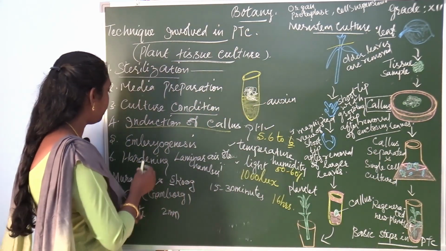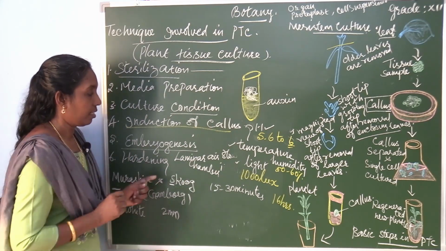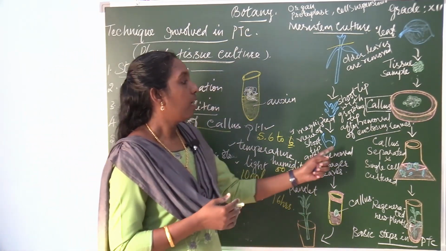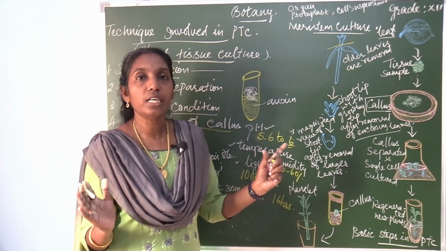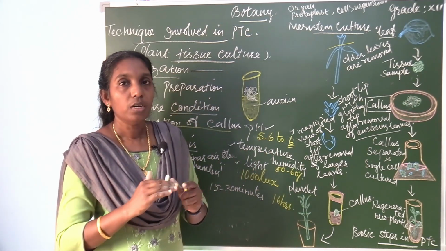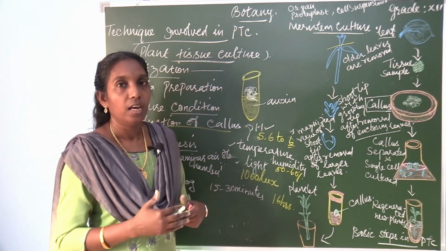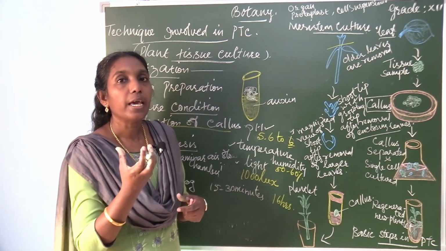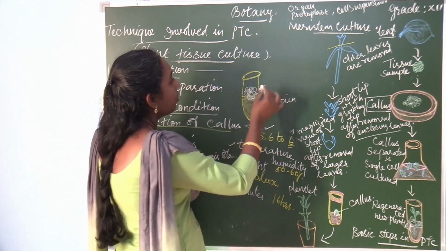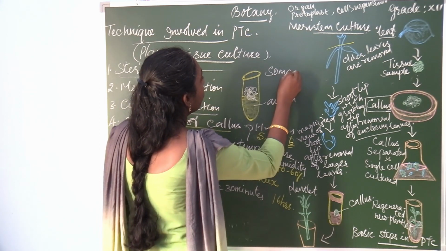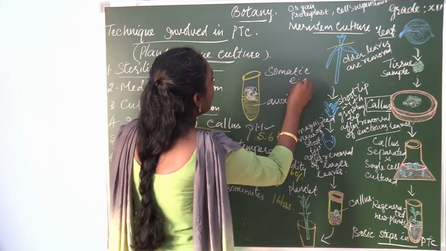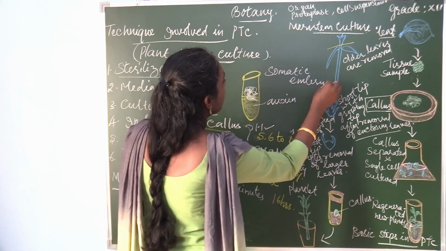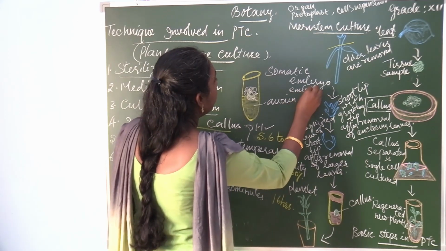That's called embryogenesis. So what is embryogenesis? The differentiated cells now further divide and produce the embryo. Here the embryo is a somatic embryo, it develops. Somatic embryo. Now this embryo is named embryoid.